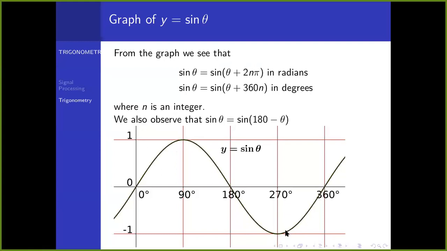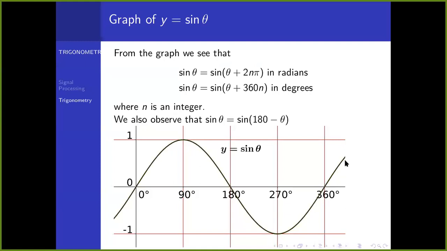So this pattern is repeated over and over again. After every 360 degrees, or after every 2 pi radians, this wave is repeated. So that is what gives us these two properties. Just by looking at the wave, you'll be able to see that that is what happens.